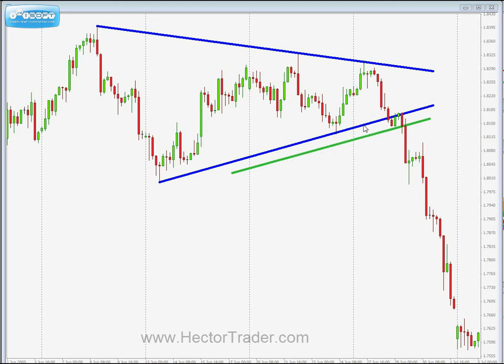As I'm saying, that happens more often than you would think, and it can be really nasty and really frustrating, because basically you are clearly spotting a nice down move, then you're spotting a triangle formation, a consolidation area.